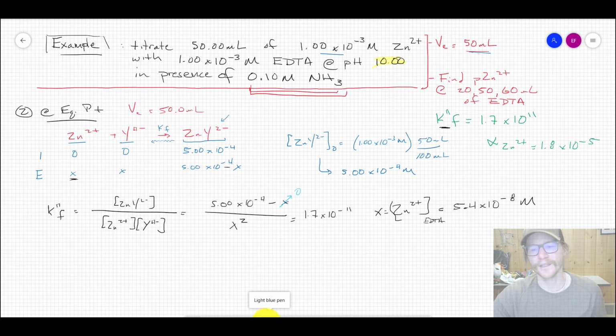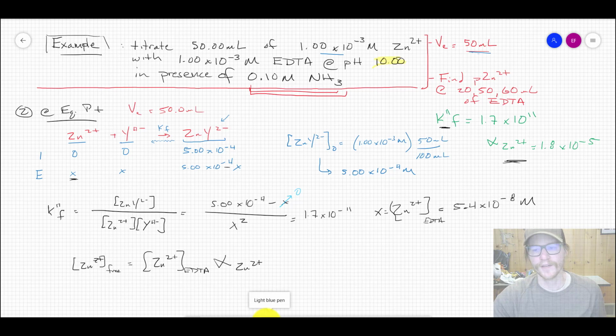Now we would need to figure out what the actual free Zn2+ concentration is. That's going to be equal to the Zn2+ that we just computed, only considering the EDTA, multiplied by that fractional factor here, or alpha zinc, which was 1.8 times 10 to the minus 5.